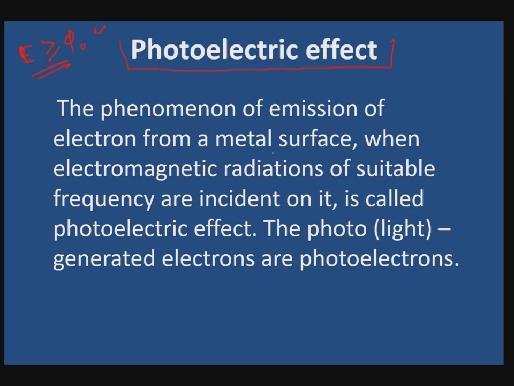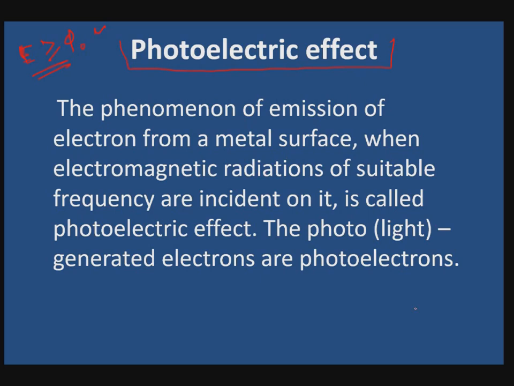So the phenomenon of emission of electrons from a metal surface, when electromagnetic radiation of suitable frequency or energy is incident on it, is called the photoelectric effect. And the electrons which are generated from the surface are called photoelectrons, as they are emitted from the metal surface due to the light. Light means photo, so that's why the electron is called a photoelectron.